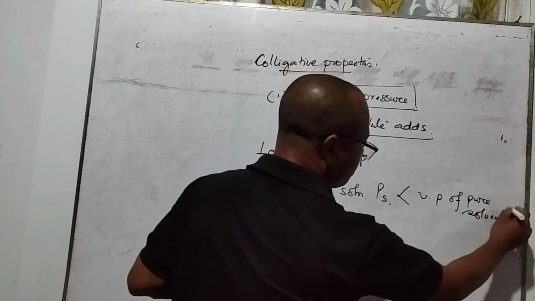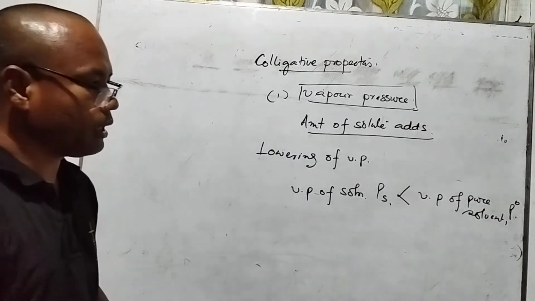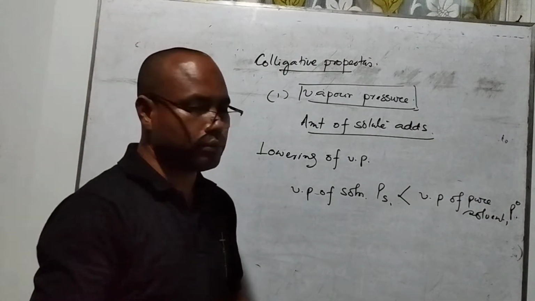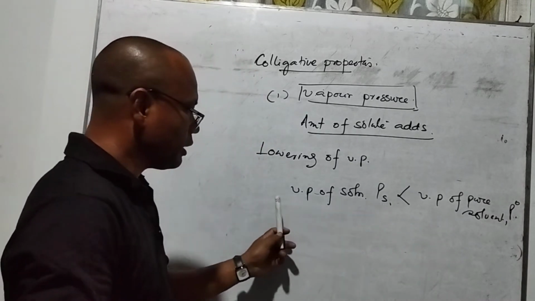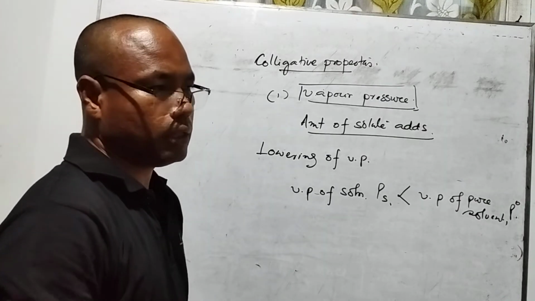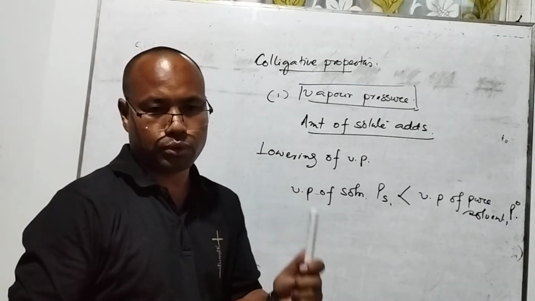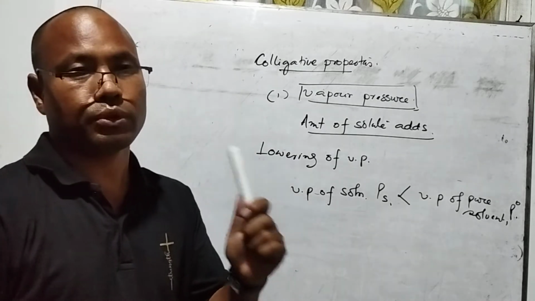So I write here P naught. What is the meaning of P naught? It is the vapour pressure of the pure solvent. What is Ps? It is the vapour pressure of the solution, right? Remember that the vapour pressure of the solution is always lower than the vapour pressure of the pure solvent.